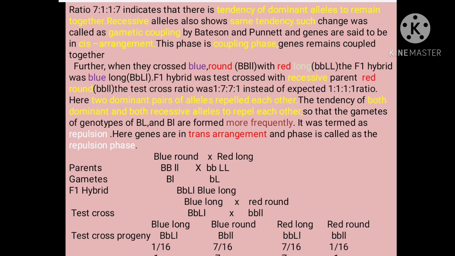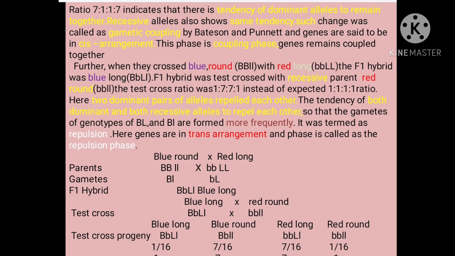Such a blue long is crossed with a red round, that means a test cross is carried out. The gametes of the red round are small b, small l.